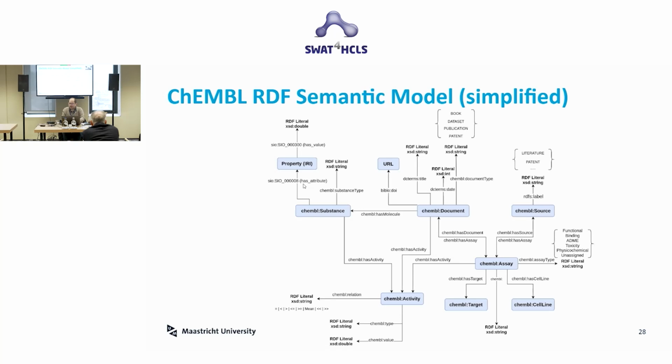So here they decided to make one predicate called has attribute, and then link it to different types of attribute, whatever they are. Your design proposition could be to have a predicate called has molecular size that only links to property IRIs of the type molecular weight, right? And then have another predicate called has charge that only links to a node of type charge, right? So you can do that.